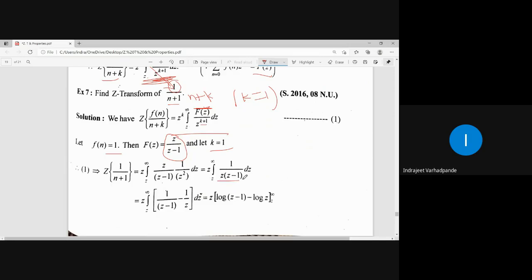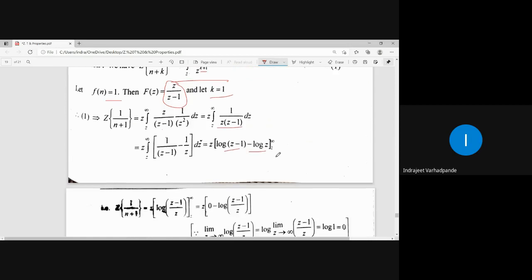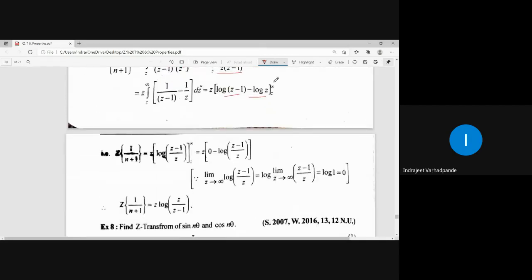Solve this particular quantity. One z will cancel, apply partial fractions. The integration of 1 upon z minus 1 is log, and the integration of 1 by z is log z. Put the upper limit as infinity and the lower limit as z. For the upper limit infinity, the answer will be 0. For the lower limit, your answer is log 1, which is 0.